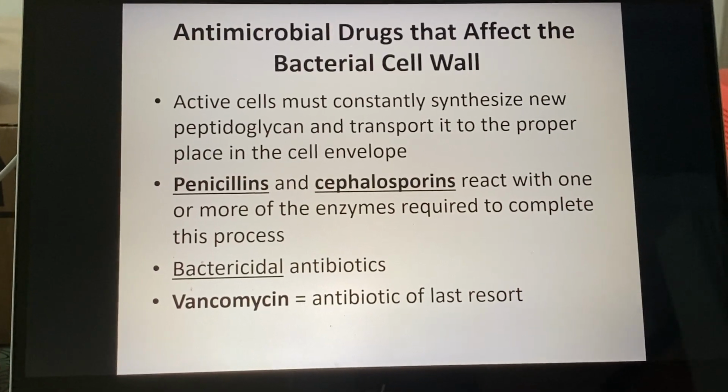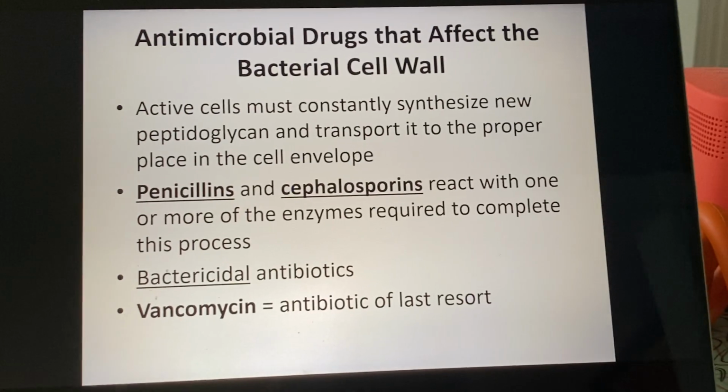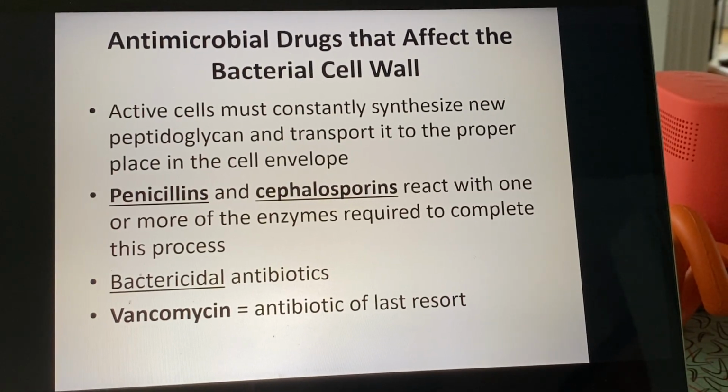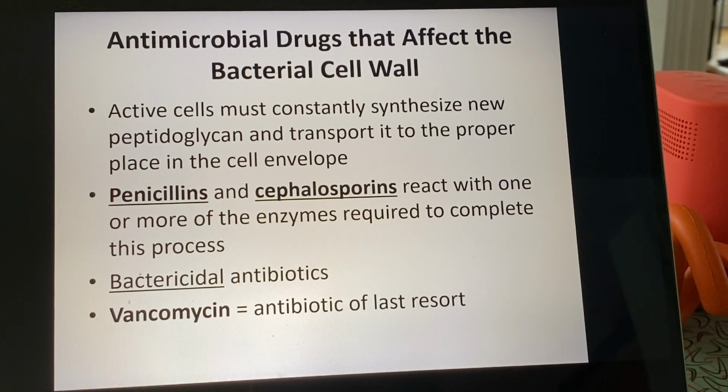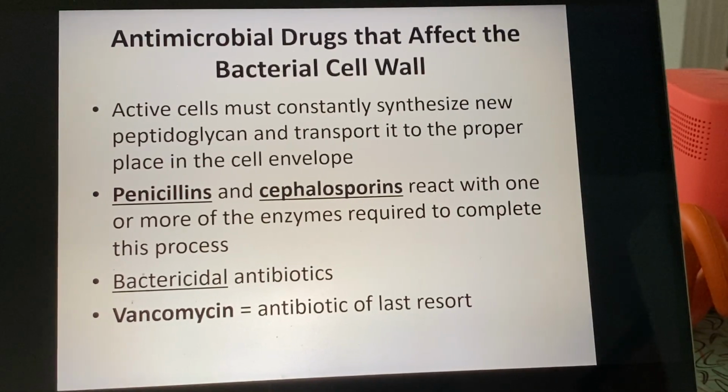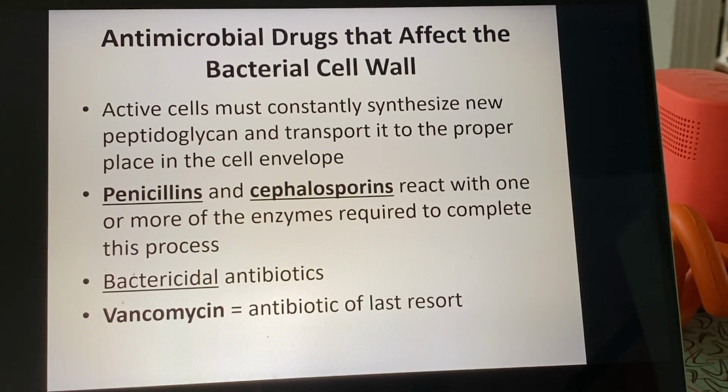Okay, so here's an example of ones that I do want you to know. So drugs that affect the bacterial cell wall, these are the ones that are preventing intact peptidoglycan from being put together. So we've talked about penicillin a bunch previously in the semester. The cephalosporins also fit into these categories.